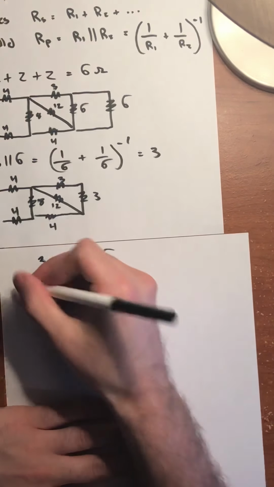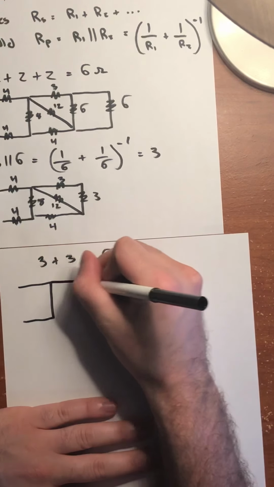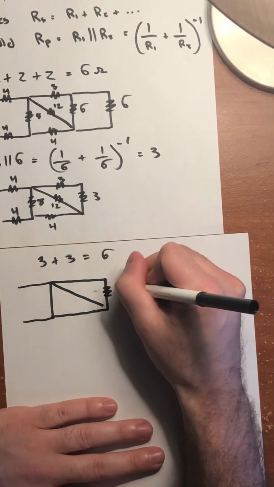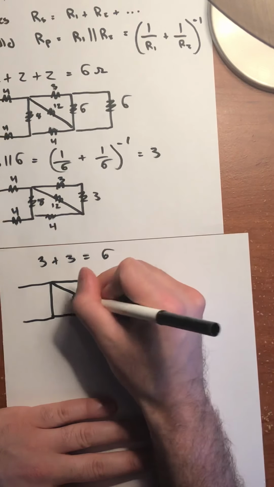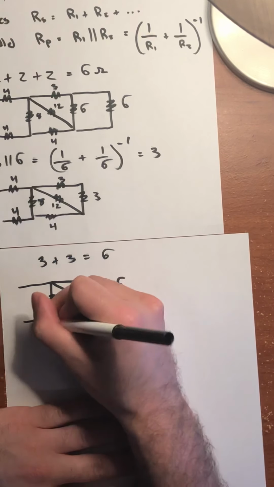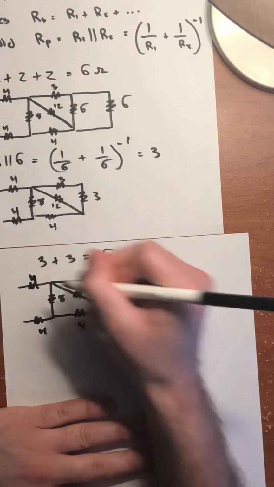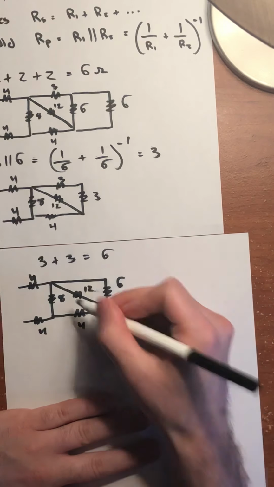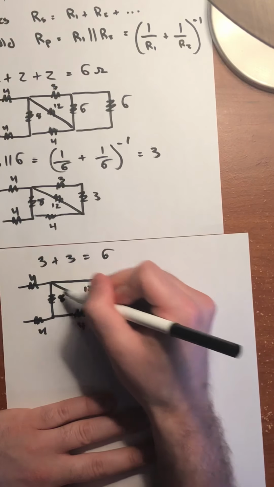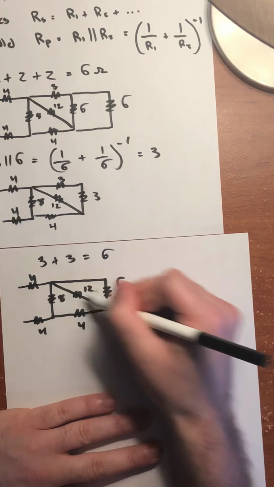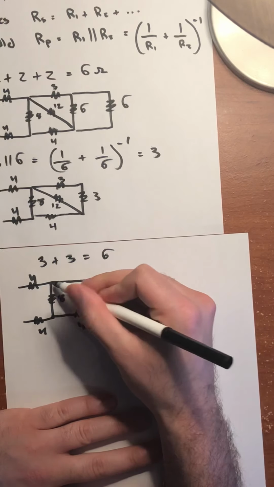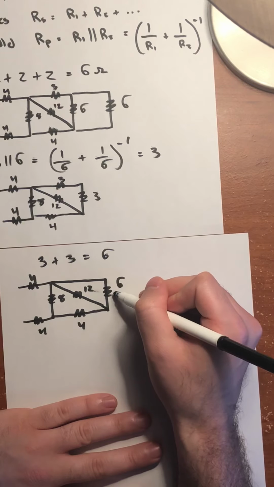If we redraw the circuit again, we get something that looks like this, where this is 6 ohms, 12 ohms, 8 ohms, 4 ohms, 4 ohms, 4 ohms. Now this circuit looks a little complex because we have this branch that looks like it's going in a diagonal, but in theory, 12 is in parallel with 6.